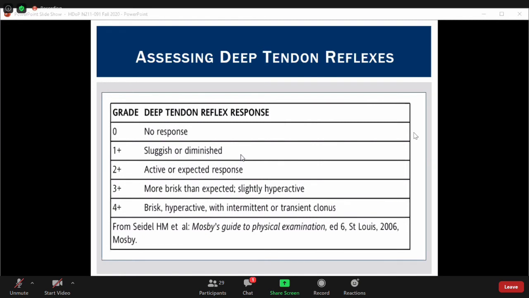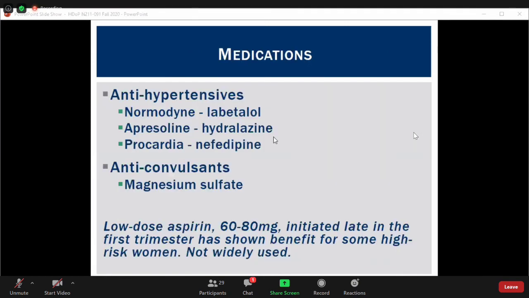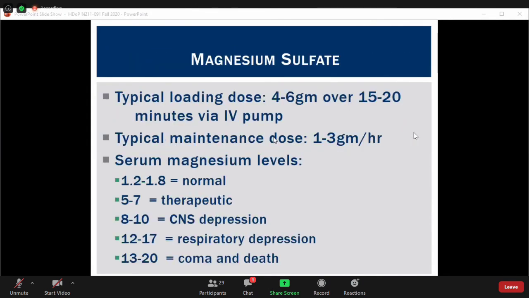So any patient on magnesium sulfate, you have to stay on top of these deep tendon reflexes. You will see a change in the deep tendon reflex before you see a change in the respiratory status. So once you see the patient starting to get very sluggish, very somnolent, not responsive, you know that you've got to do something, all right?